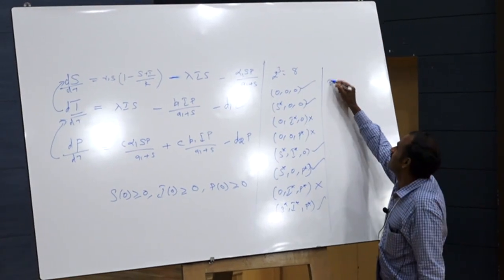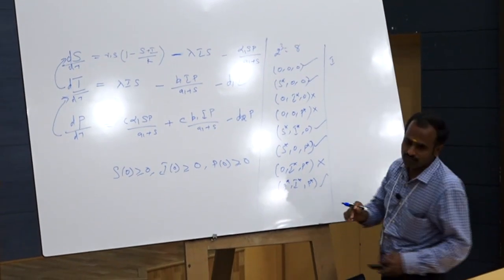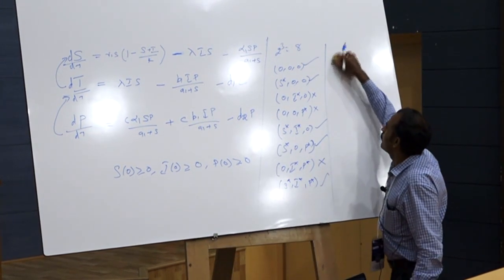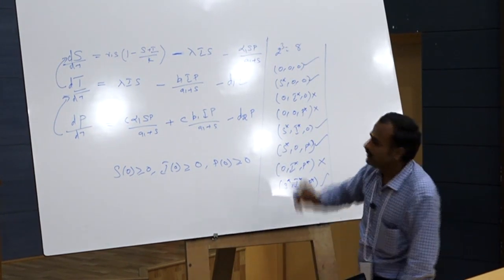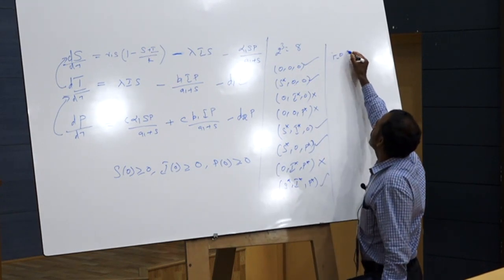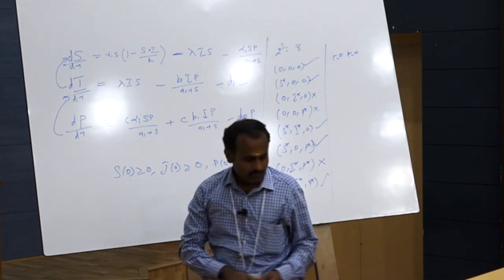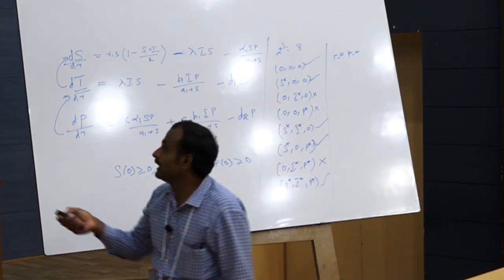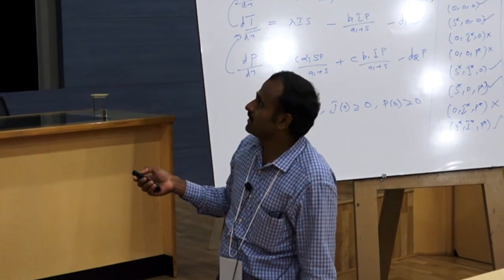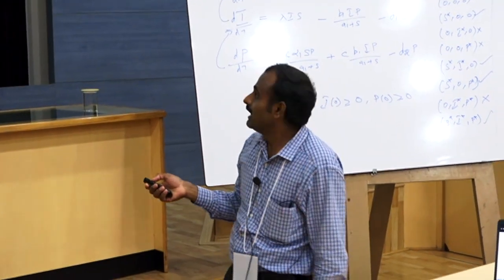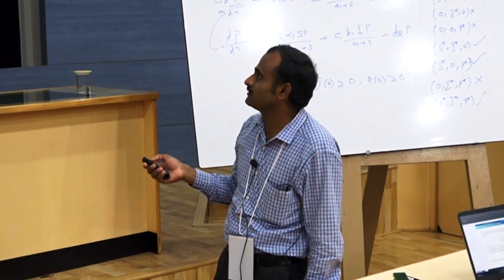Infected free means I equal to 0. Here, since we are using the non-dimensional form, we write small i. So small i equal to 0 and P equal to 0 in our system. Here we put I equal to 0, the second equation becomes 0, and in the third equation P equal to 0.